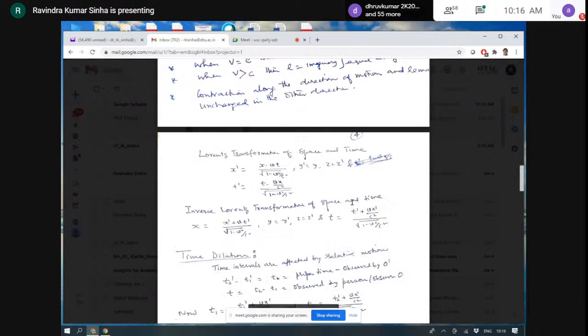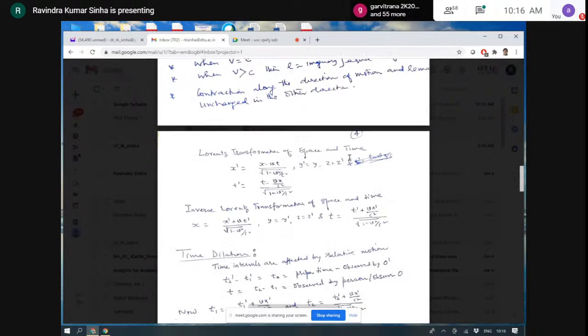So now we call that the Lorentz transformation of space and time. So space and time will be like this: x dash is x minus vt. In the Galilean transformation, this factor was not there. Okay, and this factor is not required if someone is moving with a very, very low velocity compared to c. I mean, the effect will be very negligible.